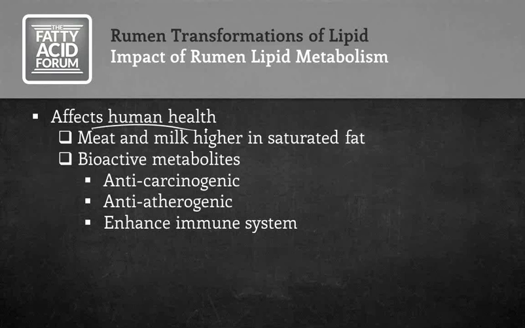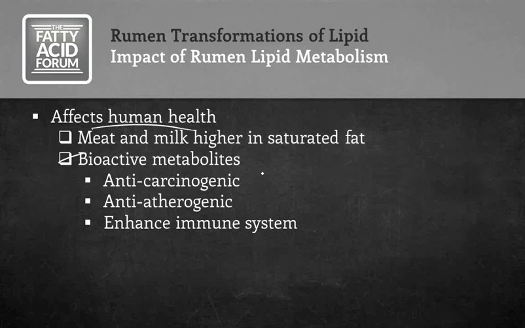For instance, on the human side, biohydrogenation is responsible for red meat and dairy products being higher in saturated fats, which is of concern to the medical community and government nutrition agencies. And debate on that concern carries on today. But biohydrogenation is responsible for cows eating mostly unsaturated fat to their products having mostly saturated fat.